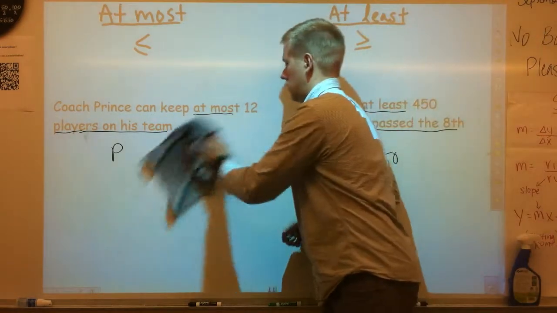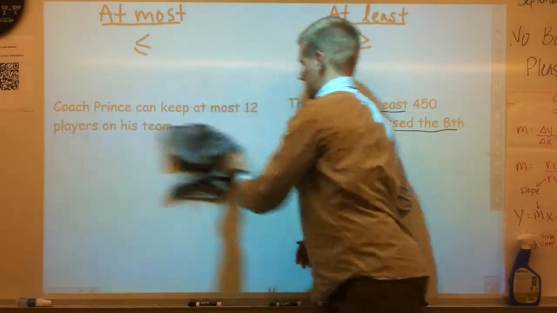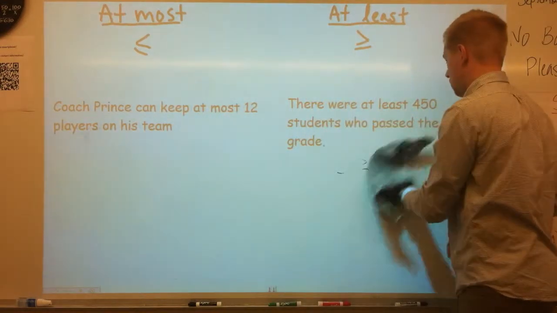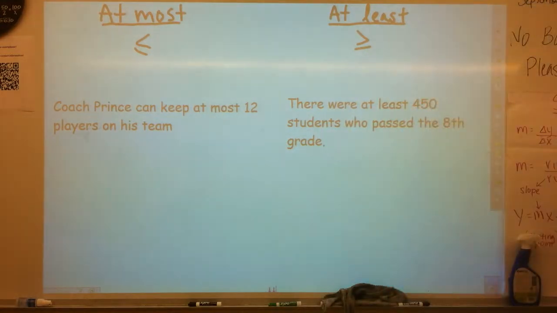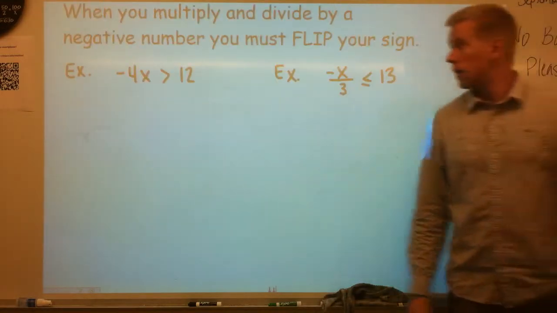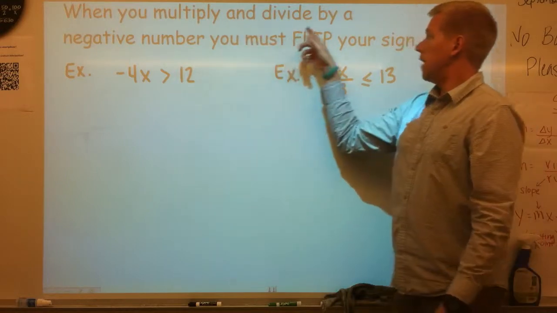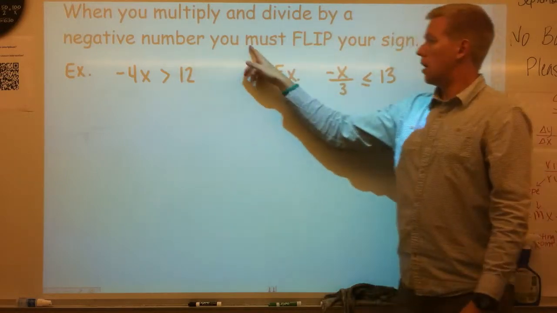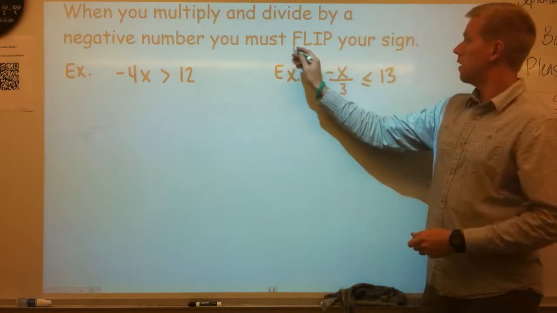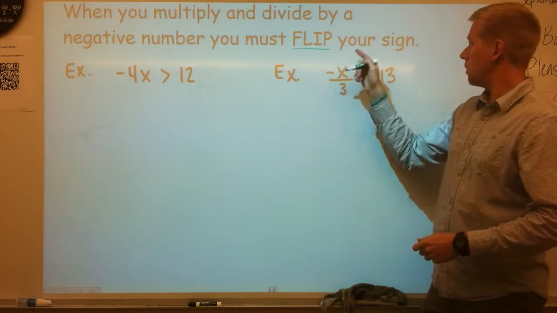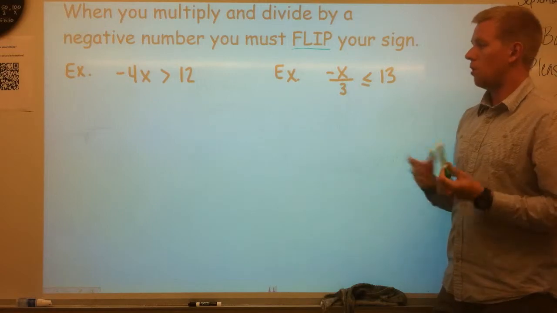Alright, so some important rules that we need to know when solving inequalities is that when you multiply and divide by a negative number, you must flip your sign. Okay, what does that mean?